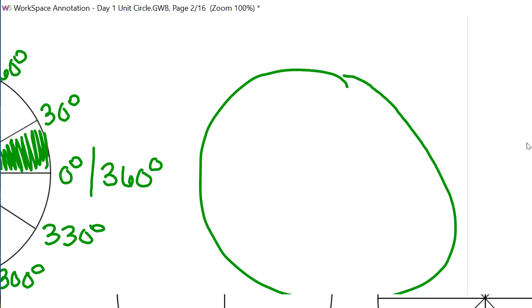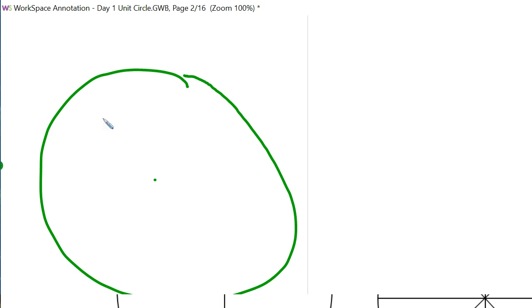Once you've drawn your circle, use the ruler to locate the center of your circle, and you'll need to measure the radius.